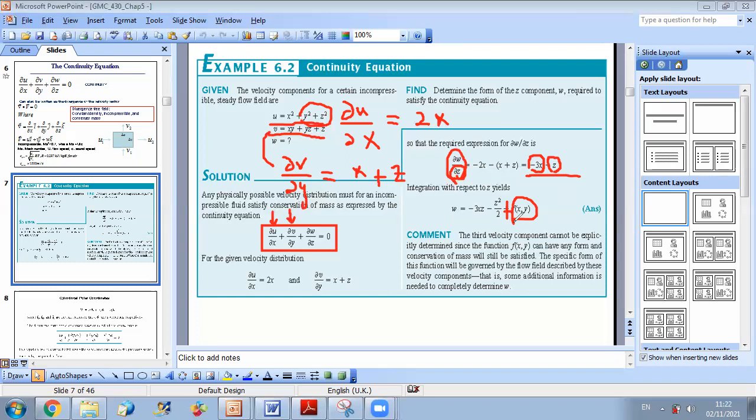We don't have one function of x and y that will satisfy this relation, because the continuity equation will be satisfied for any function f that is only a function of x and y. So we have infinity of solutions in this case, okay? And to determine a certain function, they should give us additional information to completely determine what is w in the case considered, okay?